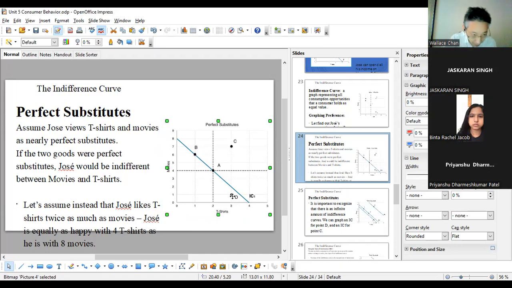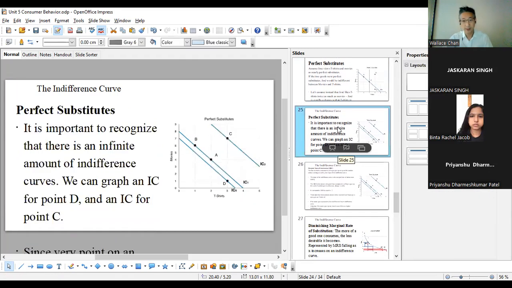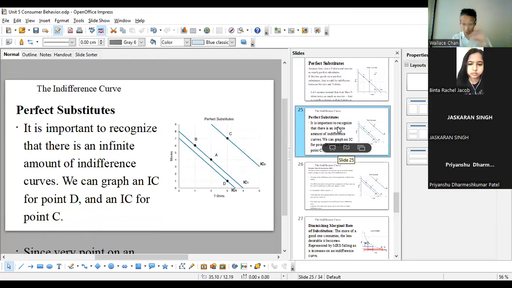Okay, so in other words, we know this is what we call a perfect substitute indifference curve. Now, so far so good. Please feel free to stop me if you need any clarification.